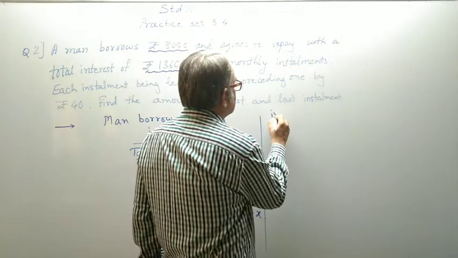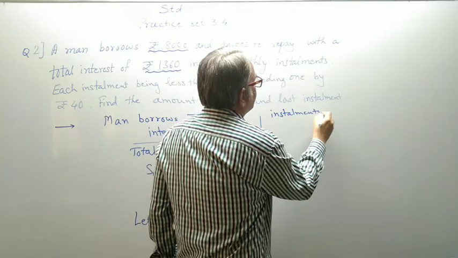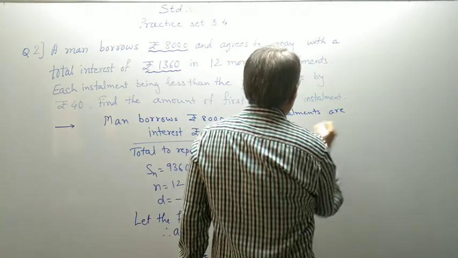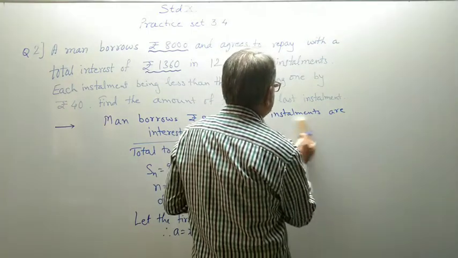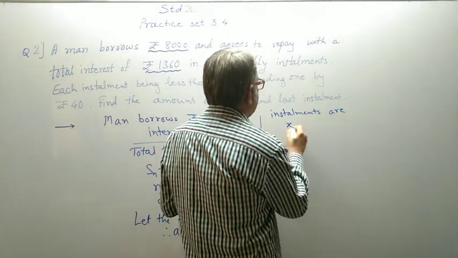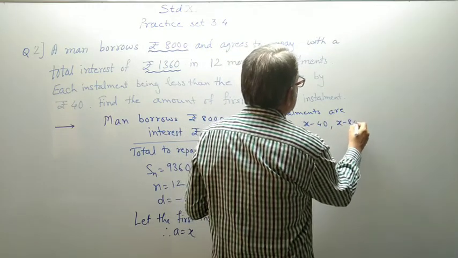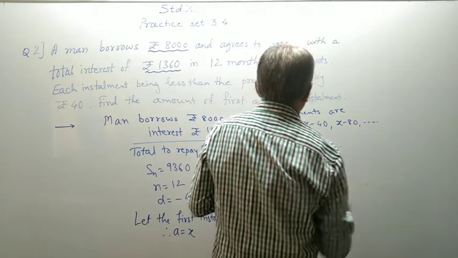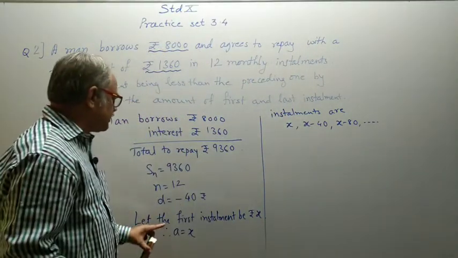Installments are, in short, X, X minus 40, X minus 80, 40 less, and so on. It is AP.